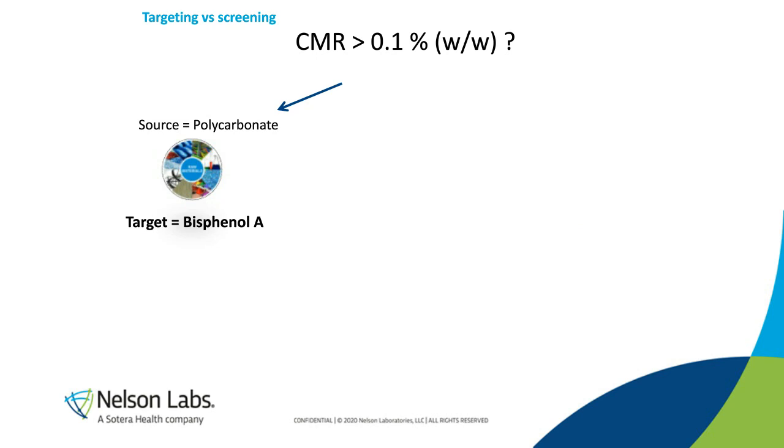So we could do a targeted approach, kind of like that targeted screening, and we could look for a very certain CMR. In this particular example, let's say we have a polycarbonate plastic. And in this device, we know we have polycarbonate. We know that bisphenol A is a plasticizer that's likely in polycarbonates. So we could definitely target this CMR and just look for that particular CMR.